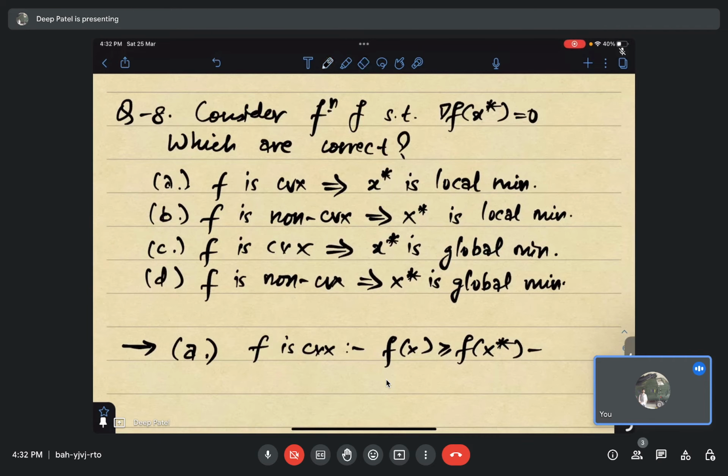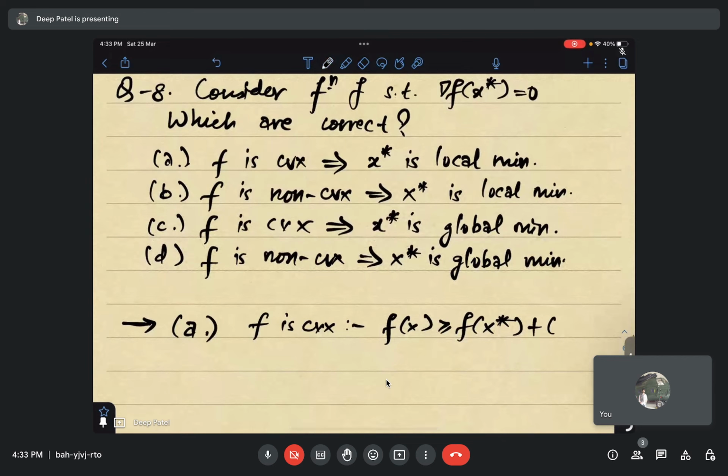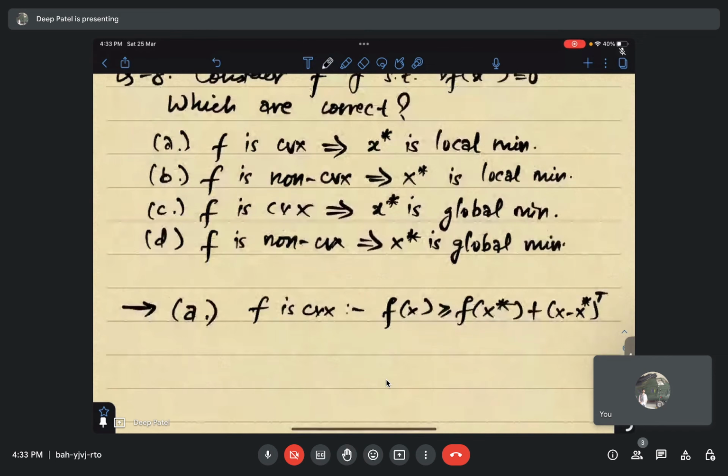We are just given a first order necessary condition, so we have to write the gradient.